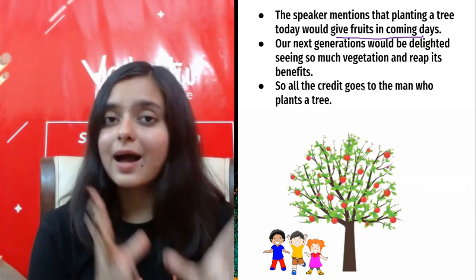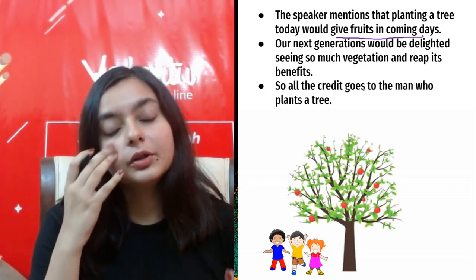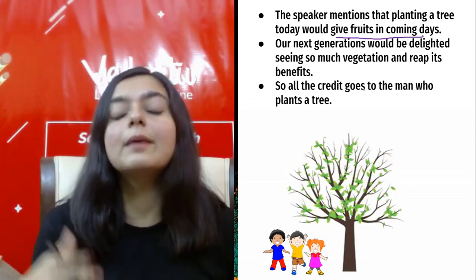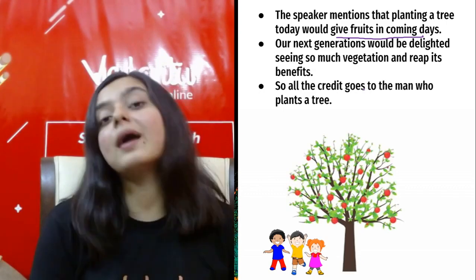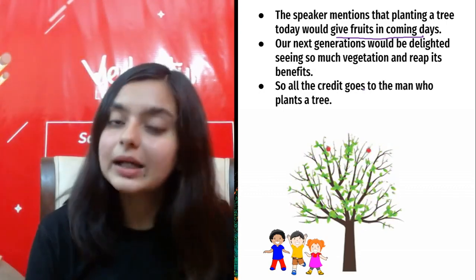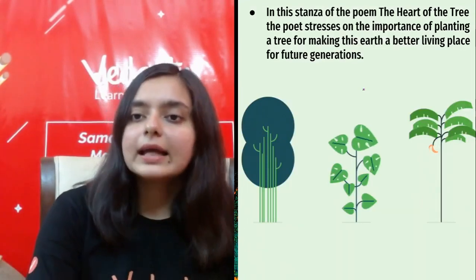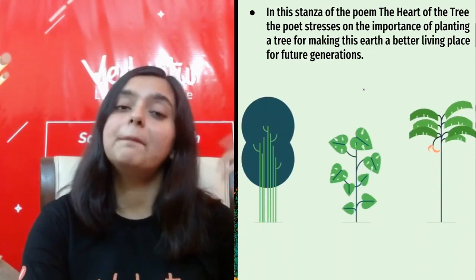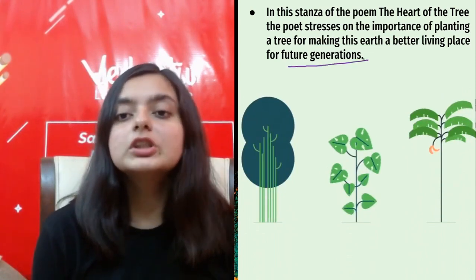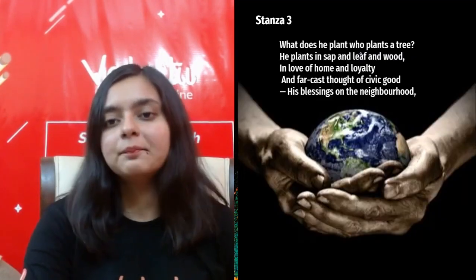So the man who is planting a tree is not just doing something beneficial for himself and his surrounding, but for the entire nation and also for the upcoming generation. Okay, so importance of planting tree for making this earth a better living place for future generations, not just for present, but also for future.